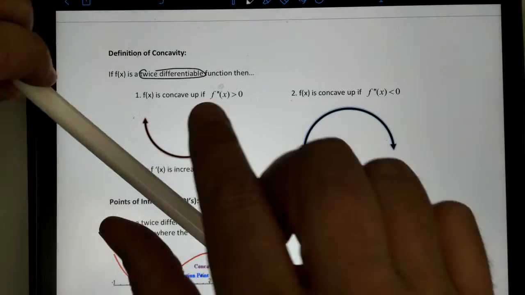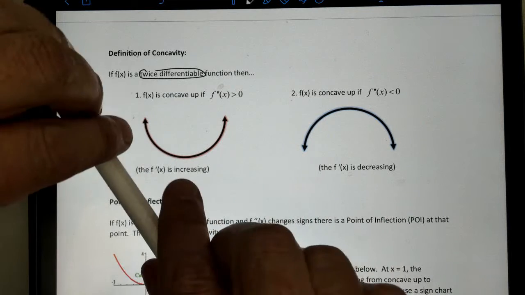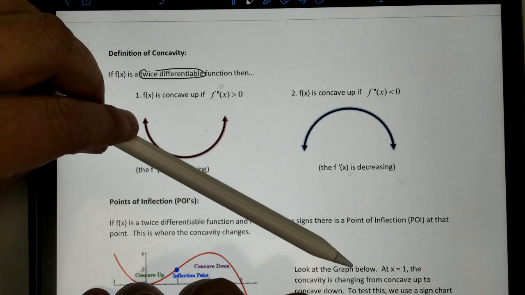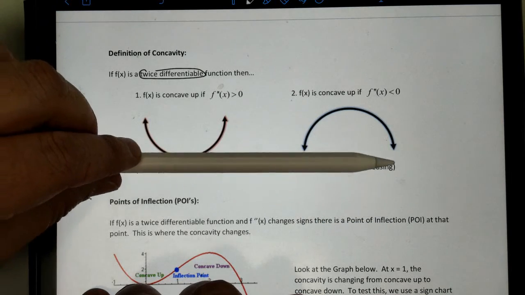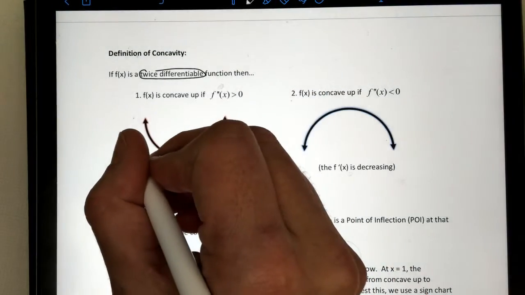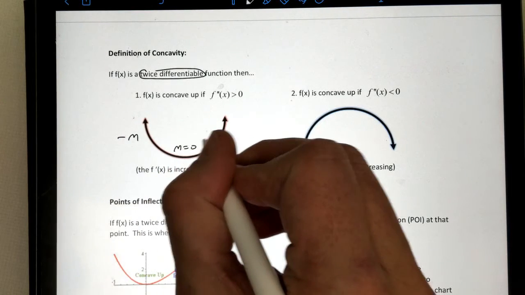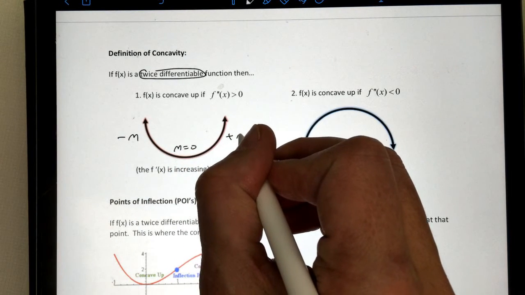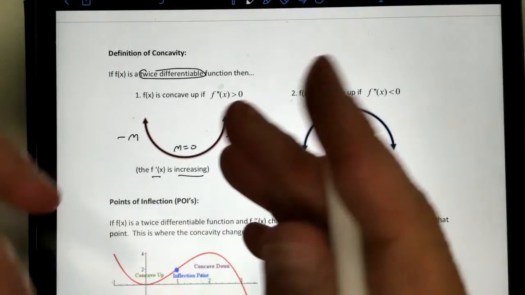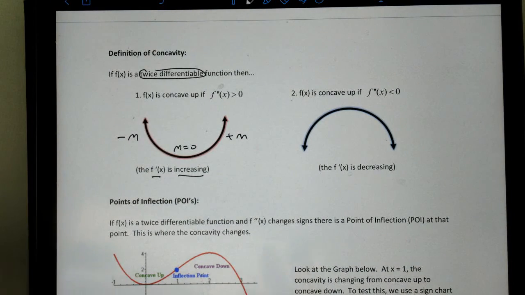If I look at a function that's concave up here, if I go along this line, notice I'm going from a negative slope to a positive slope. So we go from a negative slope, where the slope is 0, to a positive slope. Notice the slope is increasing, and that is actually a more formal definition of what it means to be concave up. You don't have to know that to master this material, though.